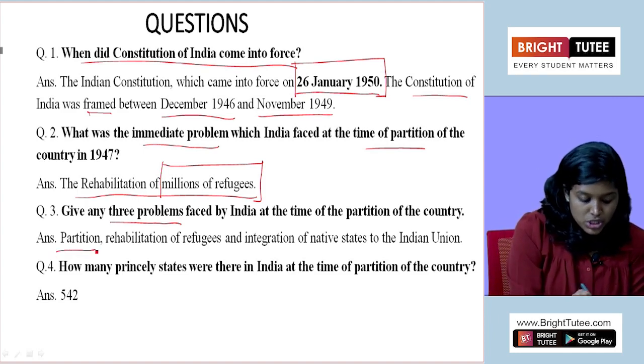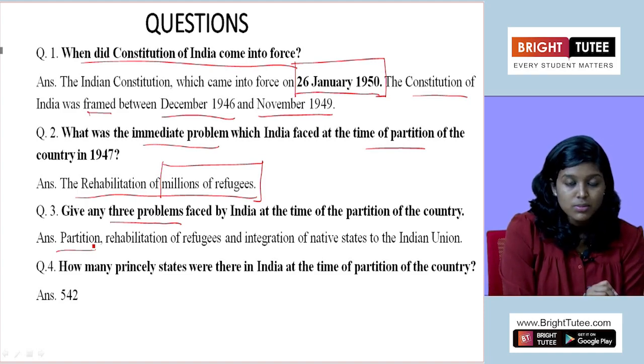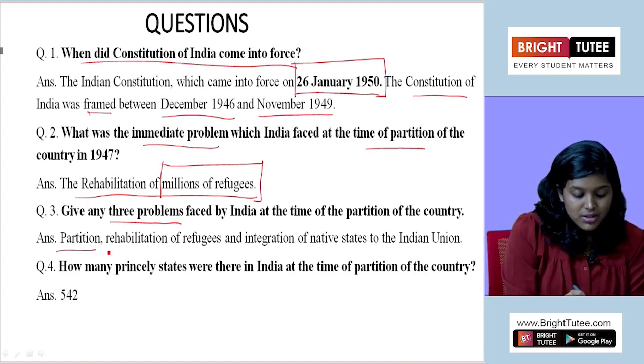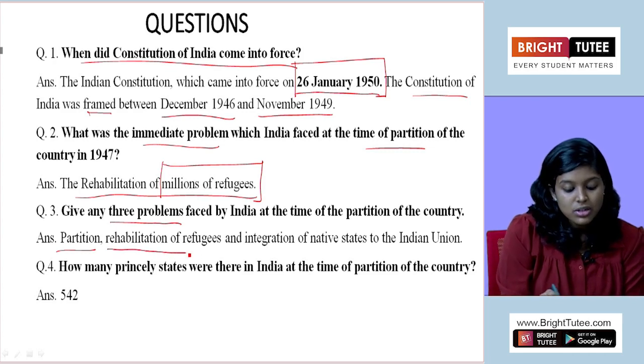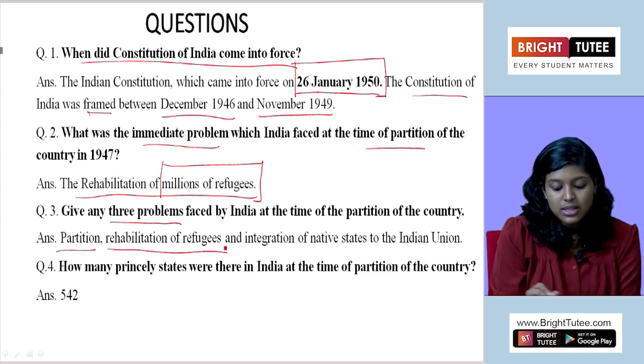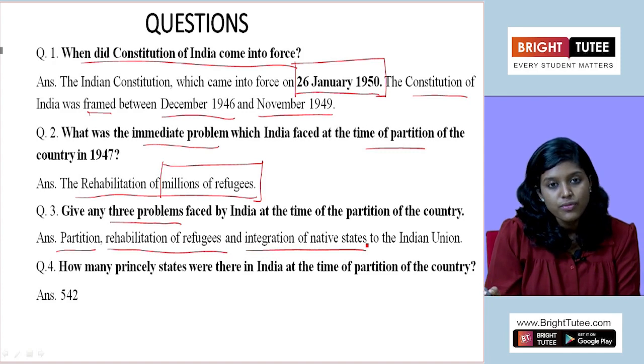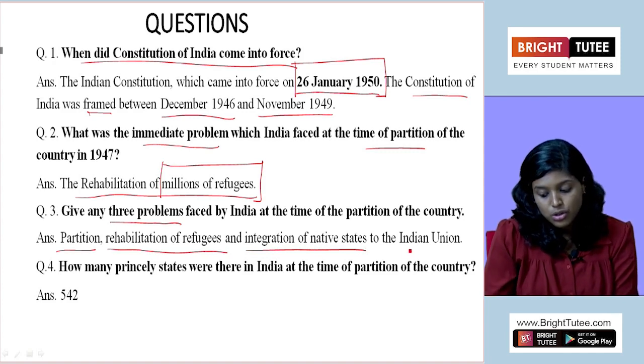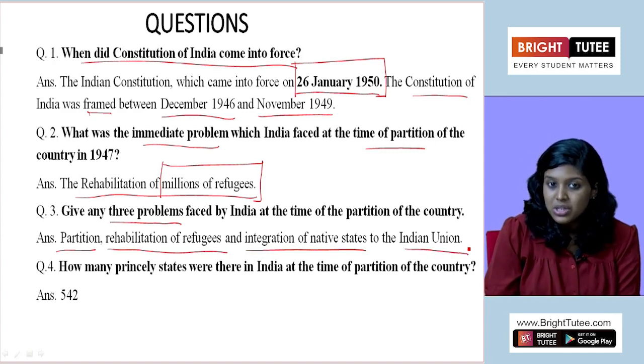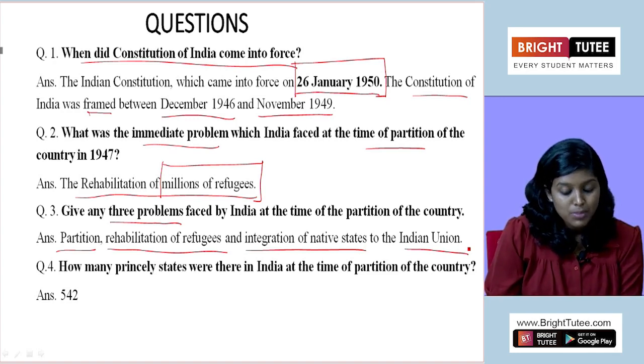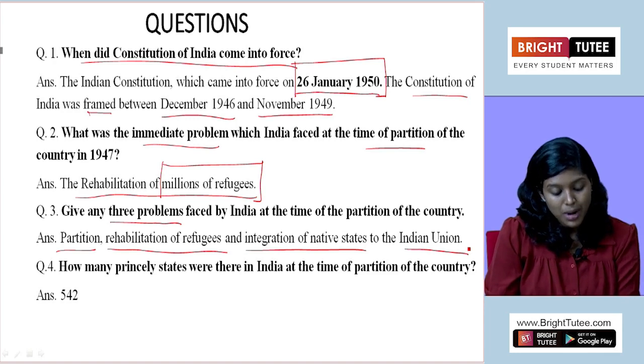We saw partition, which was the major problem, and what resulted in the rehabilitation of refugees and the integration of the native states to the Indian Union. These were the 3 major problems the country faced immediately after the partition of the country.